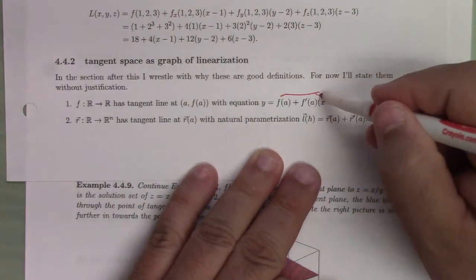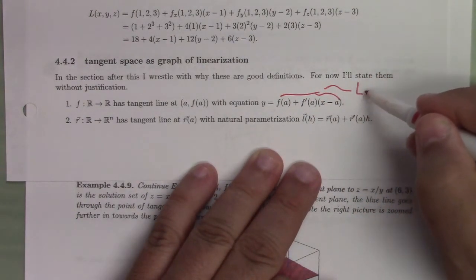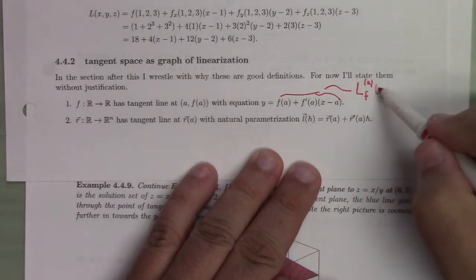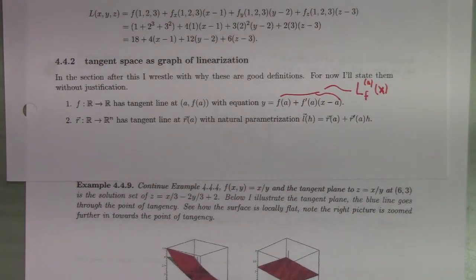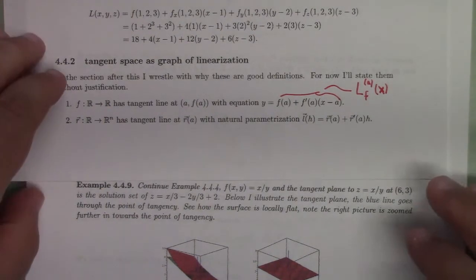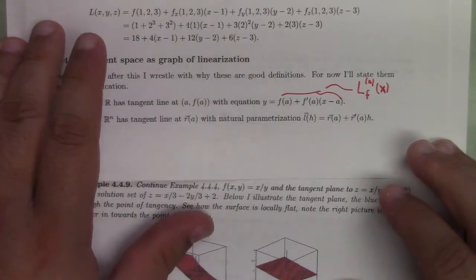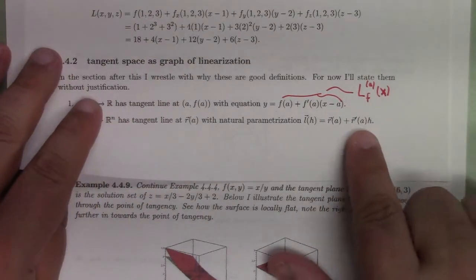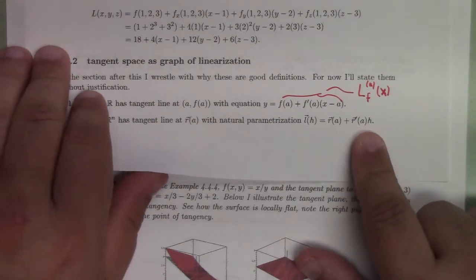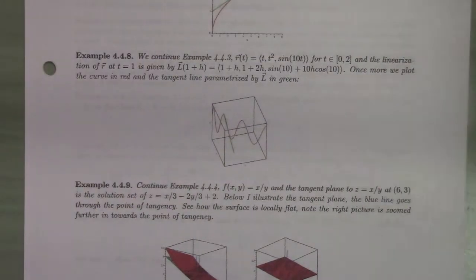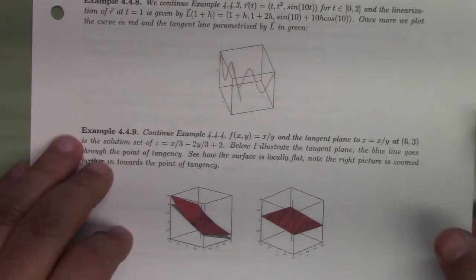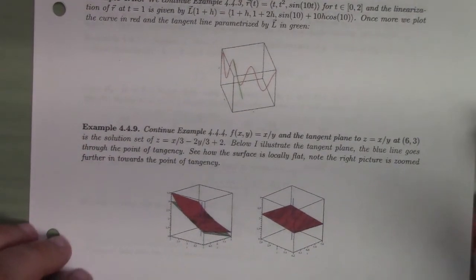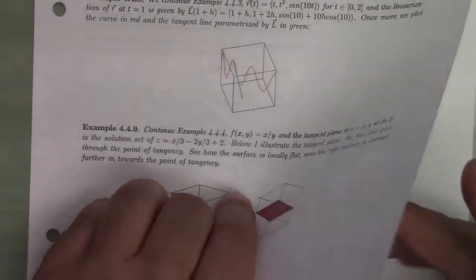This is technically the linearization of the function f at the point a, of x. For what it's worth, I used that notation in Calc 1. It's the linearization of the function at the point. And so the graph of the linearization is the tangent line. Likewise, that parameterized tangent line we looked at for a path is also the linearization of the curve at the point. Okay, enough. Here are some pictures of tangent lines and the idea. The idea of the tangent line is it approximates the curve close to the point. The idea of the tangent plane is it approximates the surface close to the point, right?